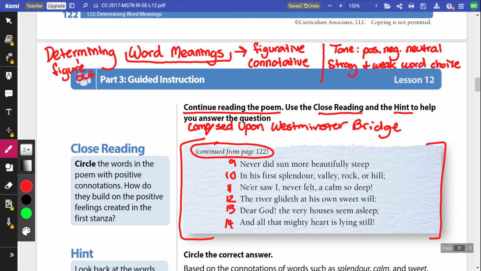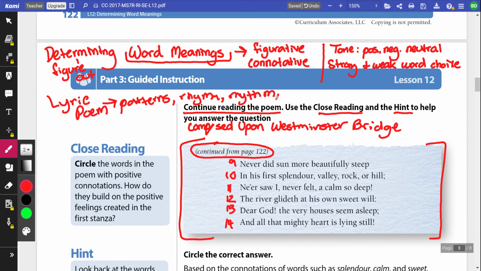And just as a refresher, this is a lyric poem, right? And lyric poems deal a lot with patterns, rhythm, rhyme. So I'm going to make myself a note of that just at the top so I don't forget that this is a lyric poem. And I'm going to make sure I know that they deal with patterns, rhyme, rhythm.